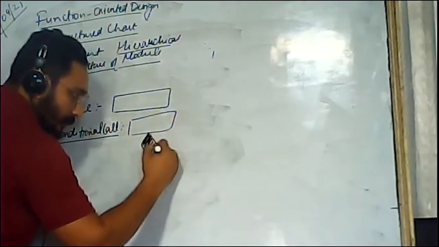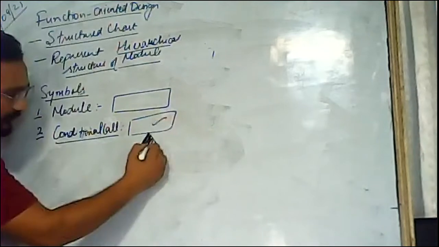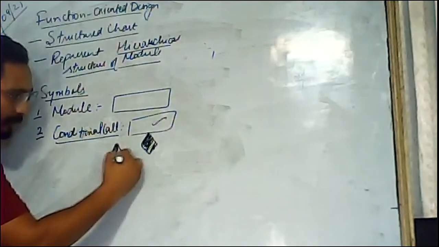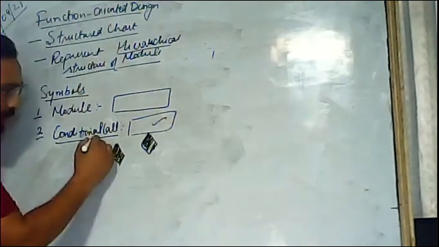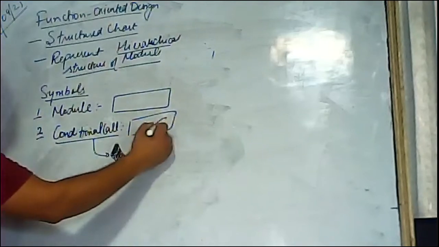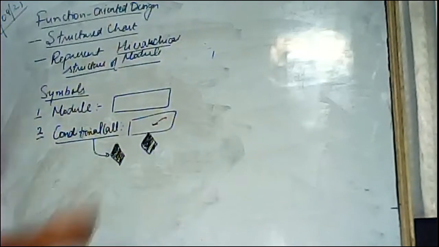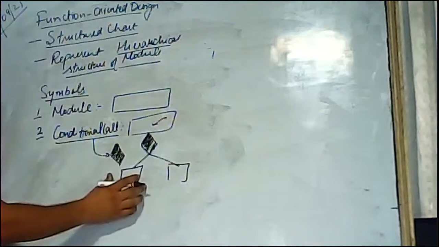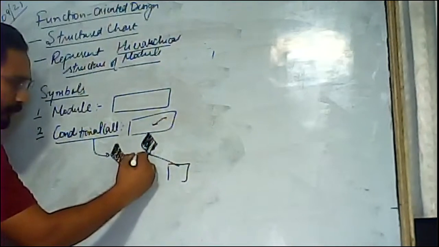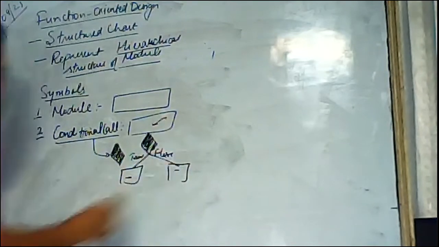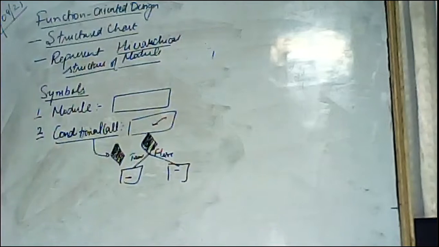This is your module, and this is a diamond shape, a filled black diamond. That is your conditional form, and it is connected with your module. Further, there are some modules after the condition. If it is true, then go to this module. If it is false, go to this. This is your condition form.